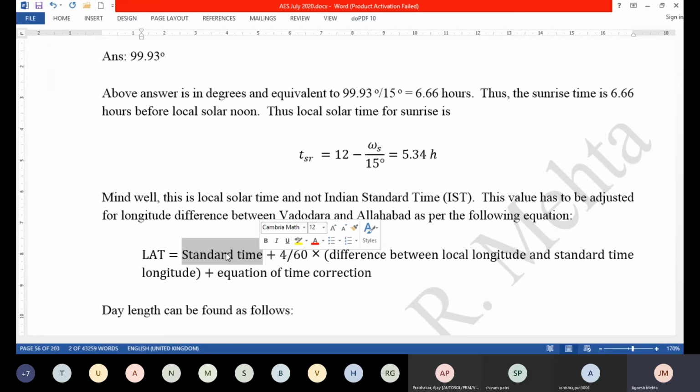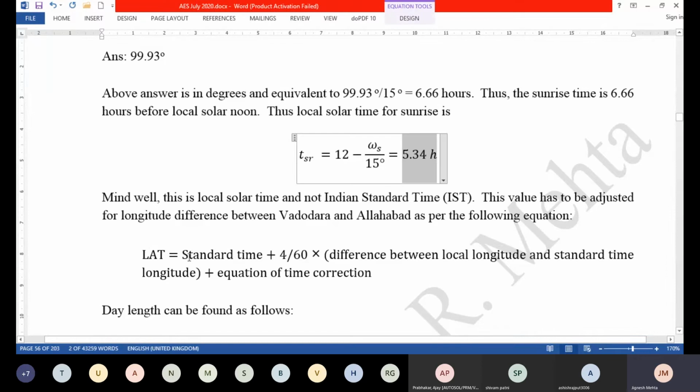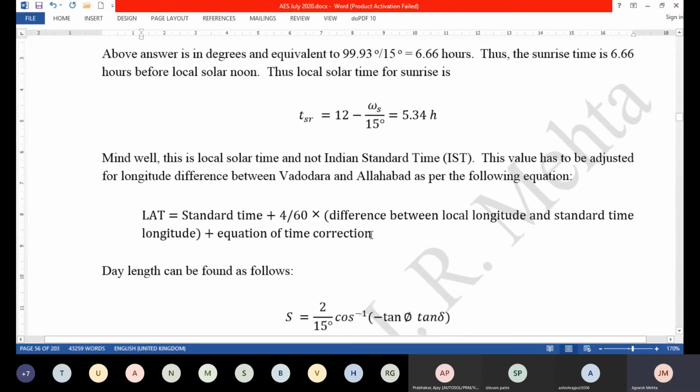So you need to get the standard time from LAT, because you know the LAT, right? But you need to know the corresponding standard time, which can be found with the help of this formula. So you can do this exercise and find the standard time for the sunrise for this particular day at this particular location.